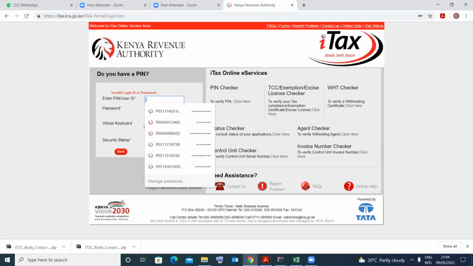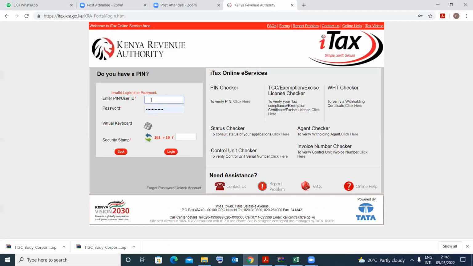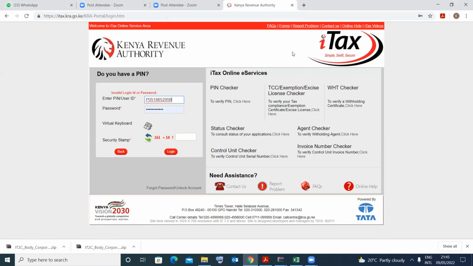Very different. You have to control V. Unasahau haraka. I think I'm so used to the mouse.